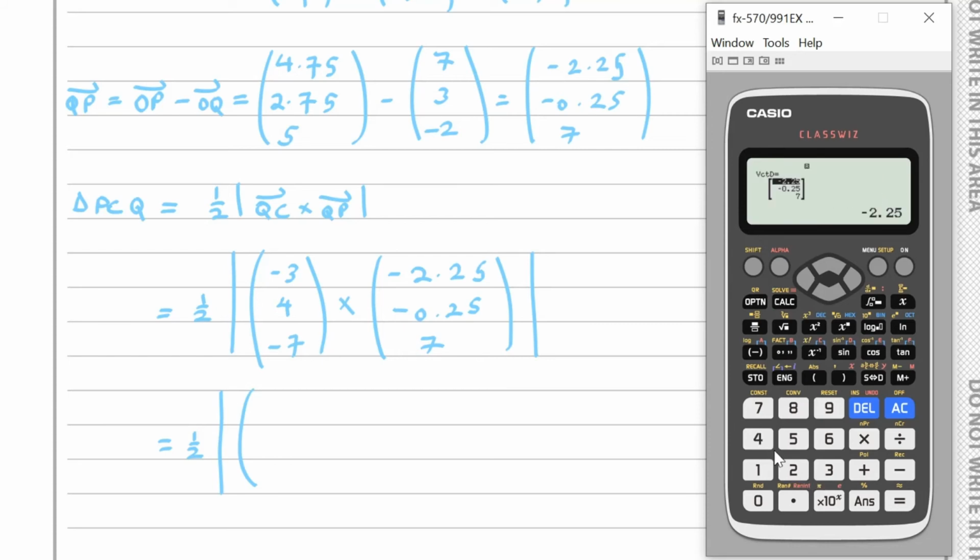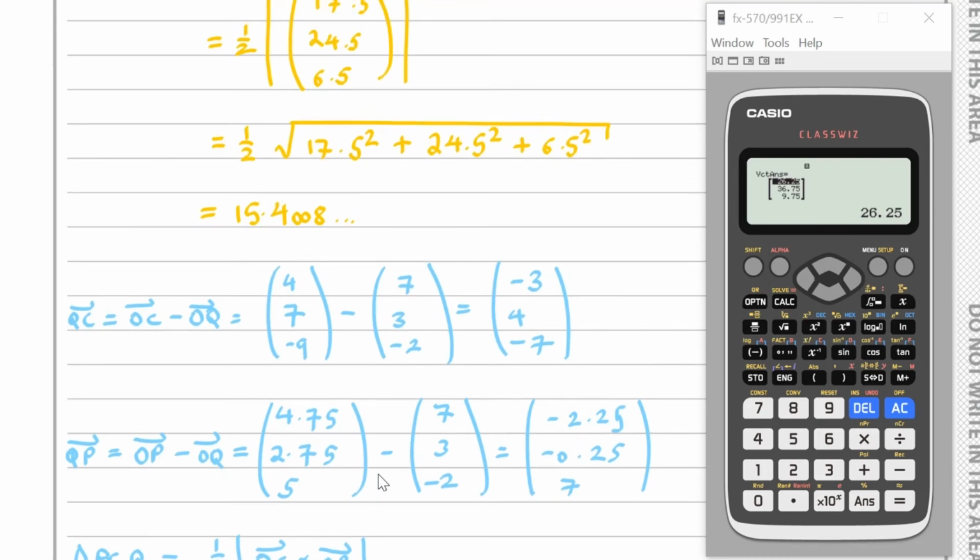Just make sure I type that in right. So now multiplying those together, we end up with 26.25, 36.75, and 9.75.